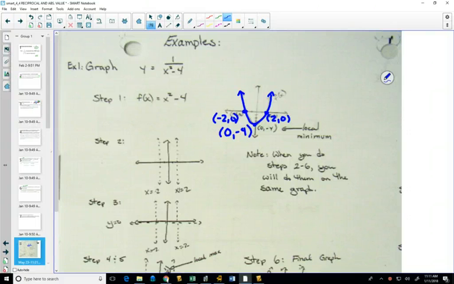If you wanted to label some other points on there, you could. For example, if you plug in 1, you'll get 1, negative 3. If I plugged in 3, I would get 3, 5. So there's a number of nice points on this graph.